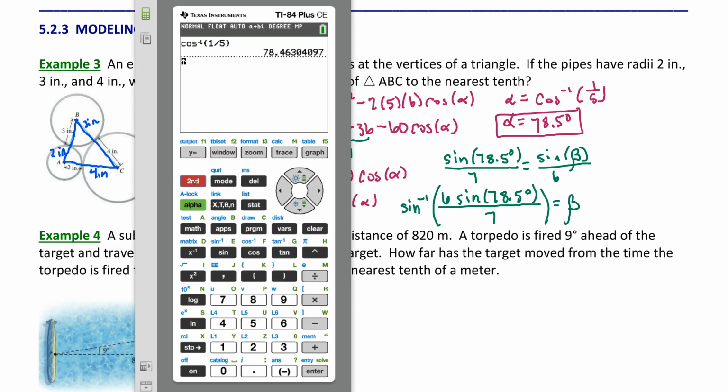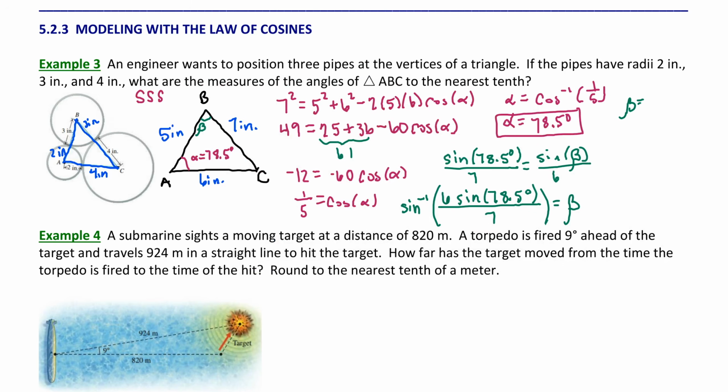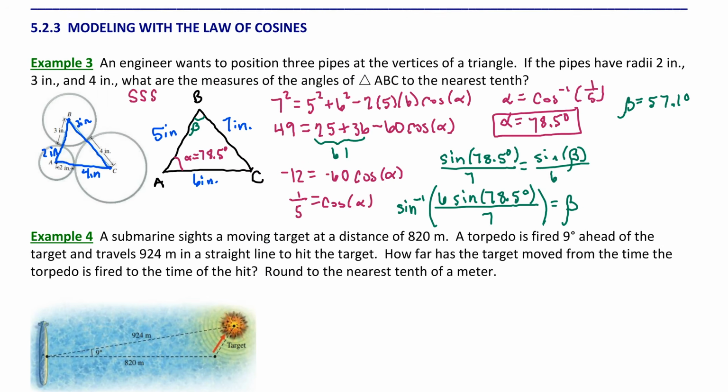With our calculator in degree mode, we evaluate inverse sine of 6 times sine of 78.5 degrees divided by 7, and to the nearest tenth, beta is then 57.1 degrees. Beta is 57.1 degrees, and I'm going to keep up with that information on my diagram. So here we have 57.1 degrees.